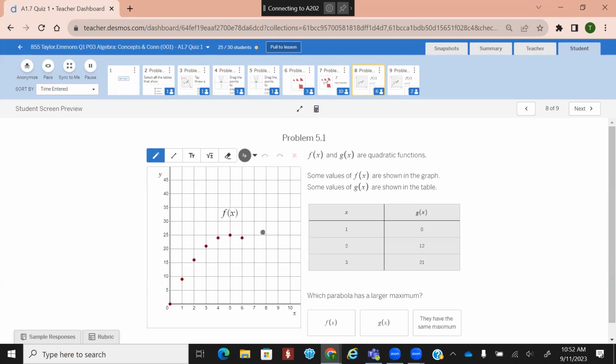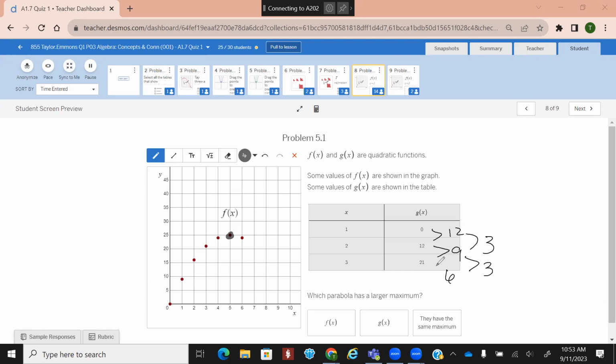This one always trips people up. Which one has the larger maximum? Well, the maximum for this one is 25. For this one, we have to find the first difference, and then we have to find the second difference. The first difference was 12 and 9, and then the second difference was 3. So that means that the next one is also going to have a second difference of 3.